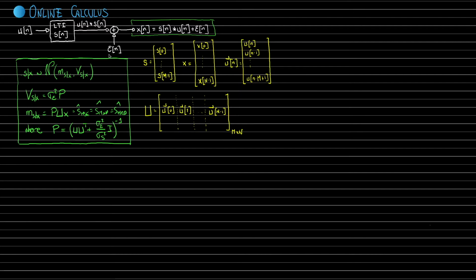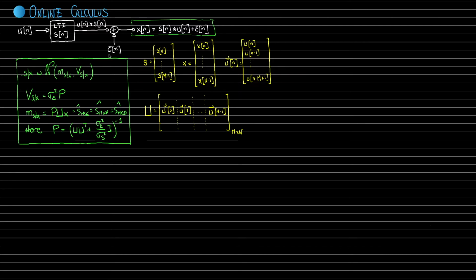But there are some applications where we may be interested in computing the filter estimates at the same time that we are observing the signal output. So if we have observed the signal up to time n, we need to compute an estimate, and as time progresses, we need to update our estimate.